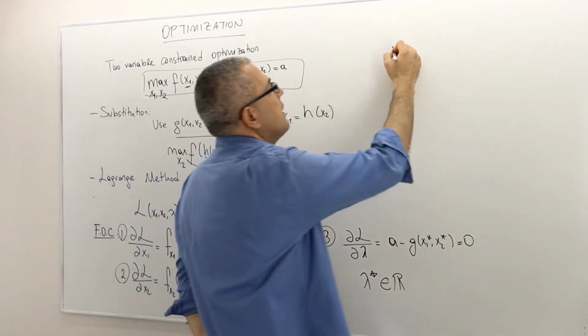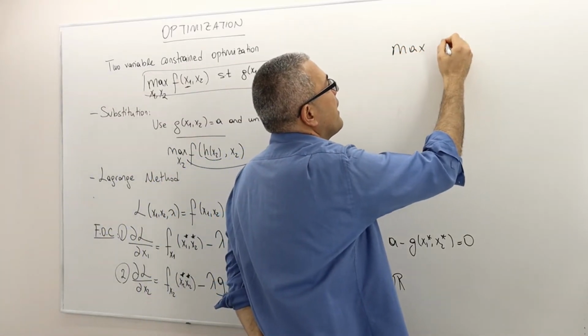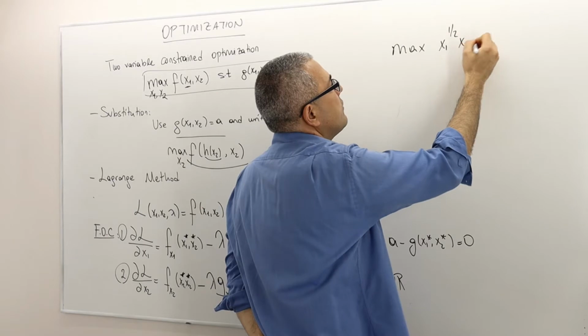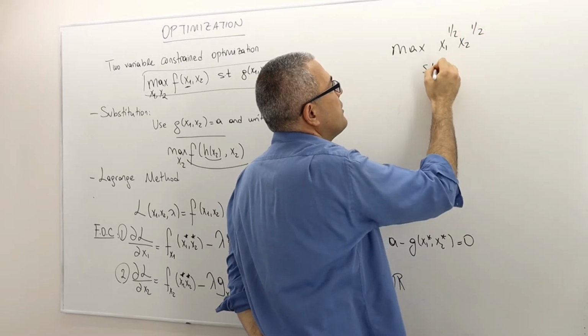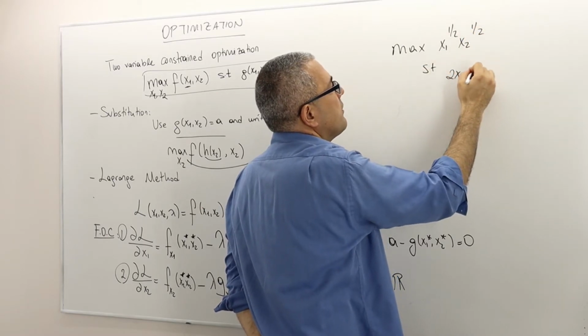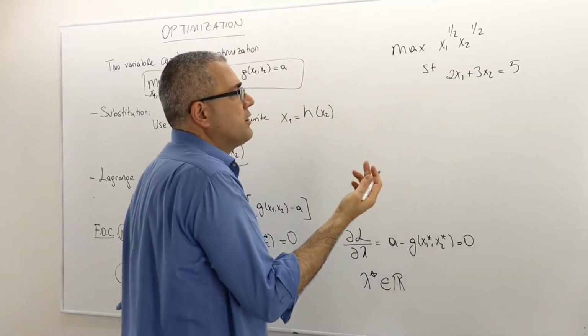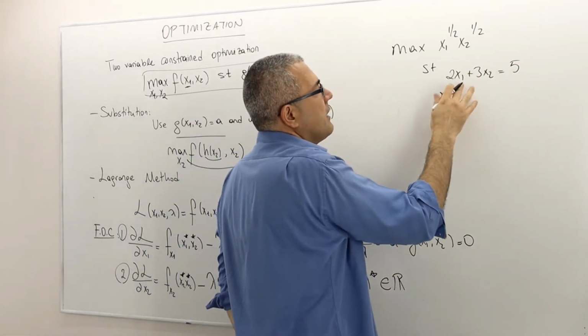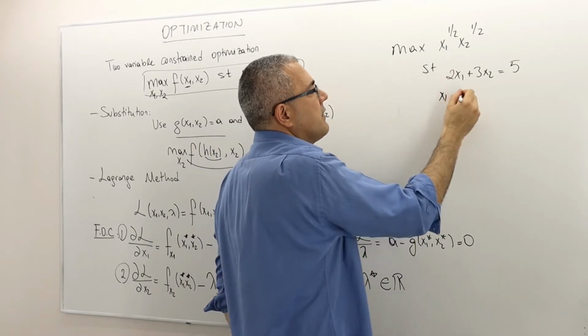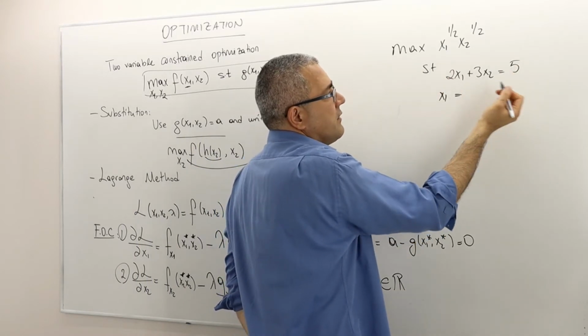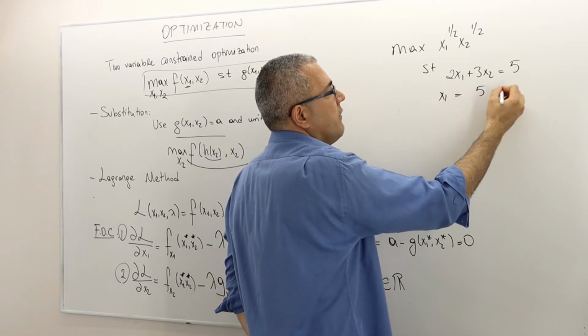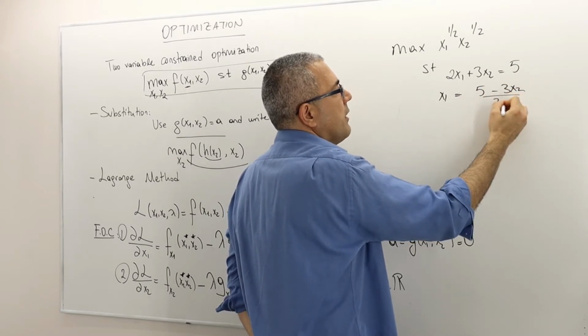So an example: maximize x1 to the power 1/2 times x2 to the power 1/2, subject to 2x1 plus 3x2 equal to 5. All right, so this is my g function. Here, keeping x1 on the left-hand side and sending everything to the right is relatively simple because it's (5 minus 3x2) divided by 2.